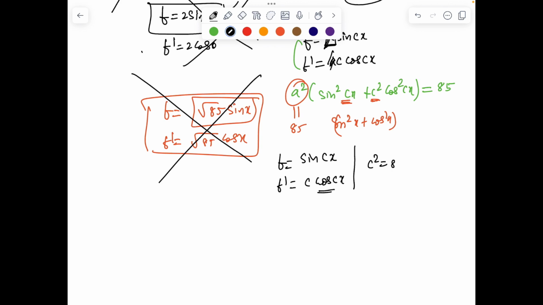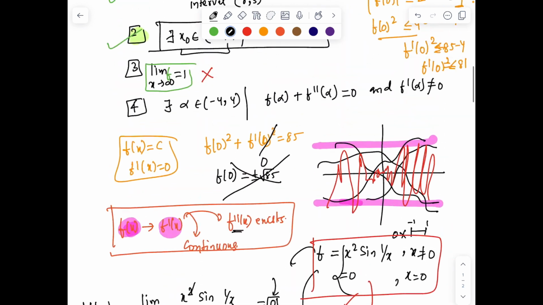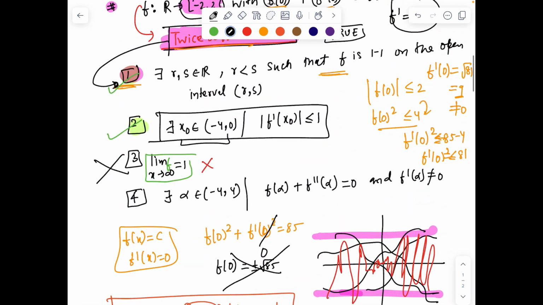So that will give c square as 85. So that gives c equals root 85. If c is root 85, the function that I am getting is sin root 85x. So this indeed satisfies the condition, and you can see clearly as x tends to infinity, this quantity will oscillate from minus 1 to 1, and hence again by that defense mechanism I can tell option 3 is wrong.